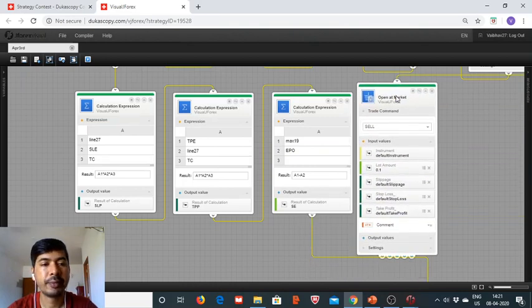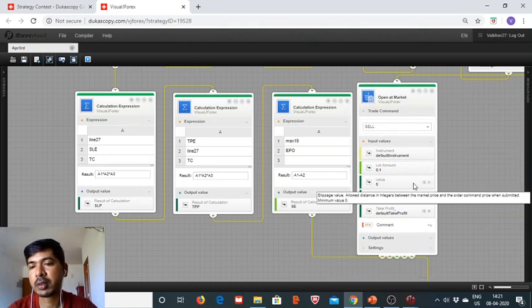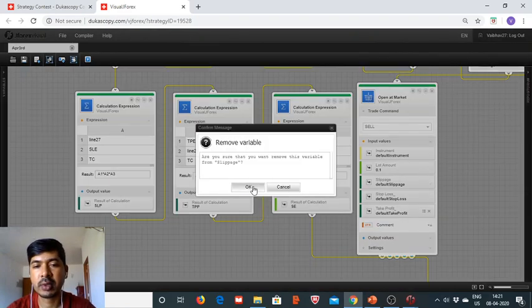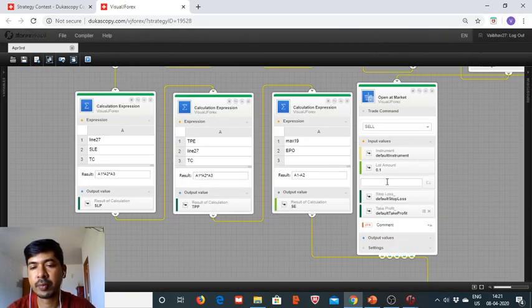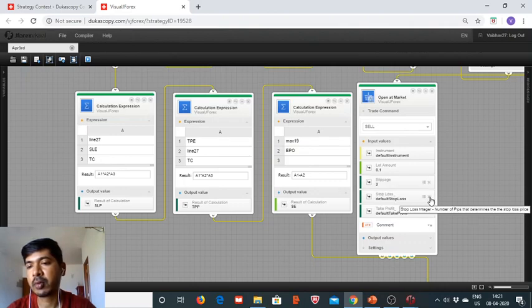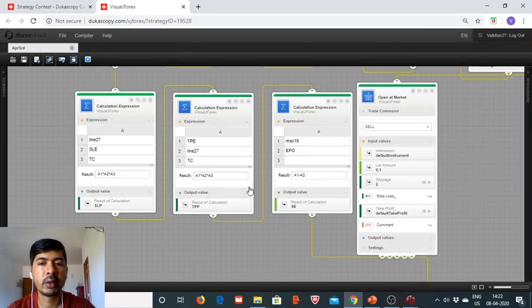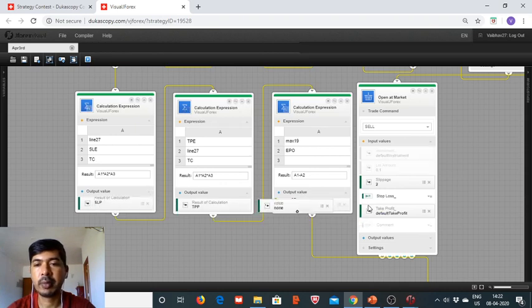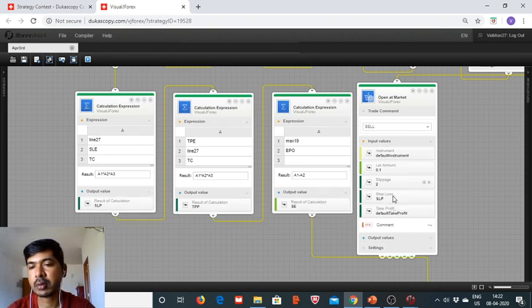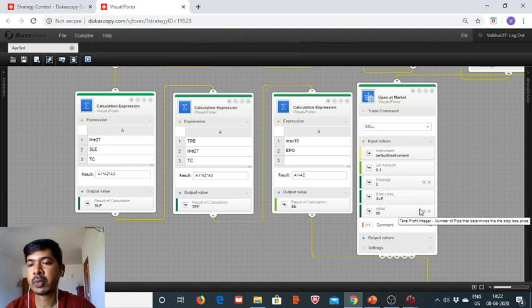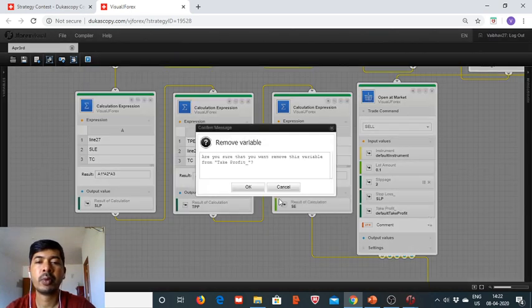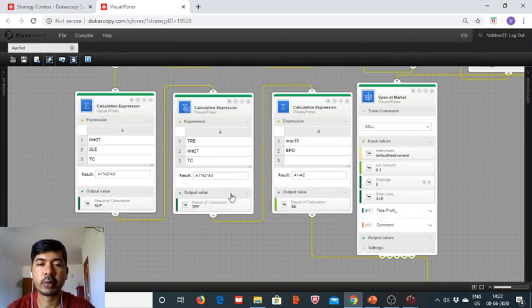We will need to replace slippage. We make it 2. We cut down on the stop loss and we bring in SLP, the dynamic stop loss value. The value for the target price is also going to be changed.